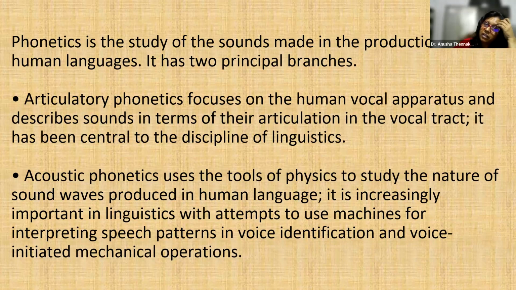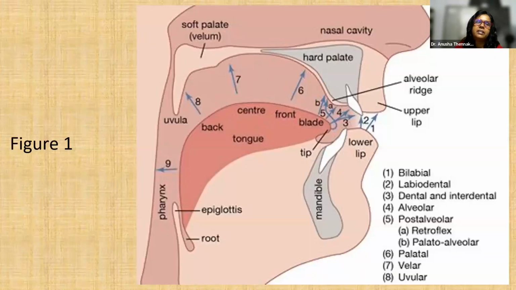Acoustic phonetics, the study of the nature of sound waves, we can't study normally. For that, we should have developed technology. So what we paid our attention to was articulatory phonetics.